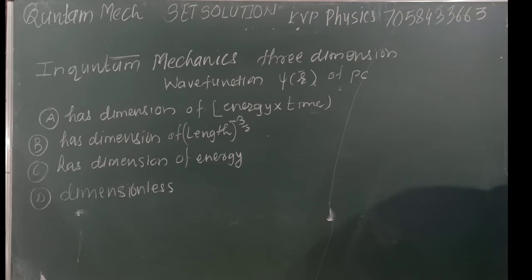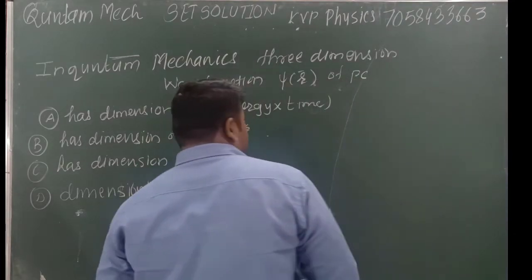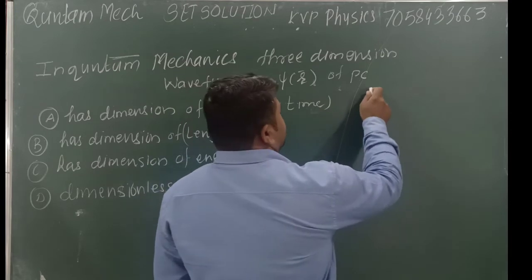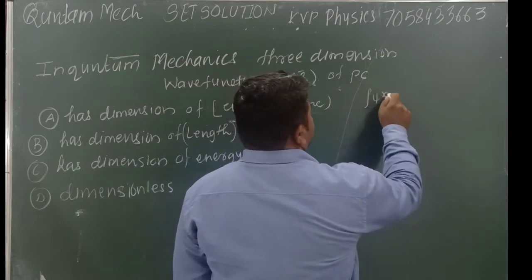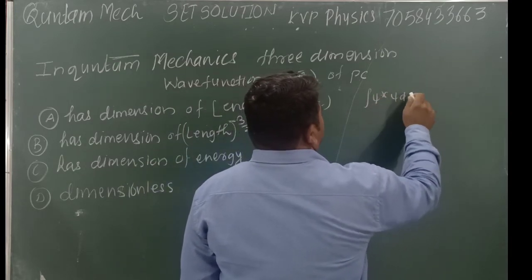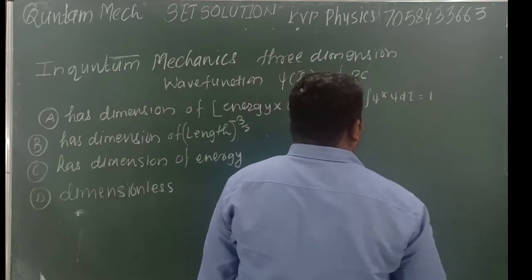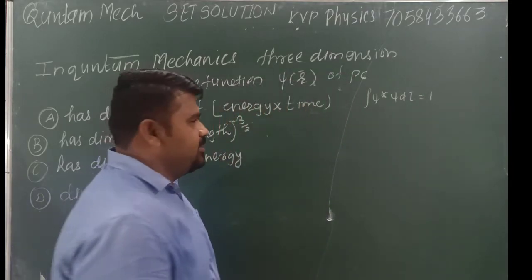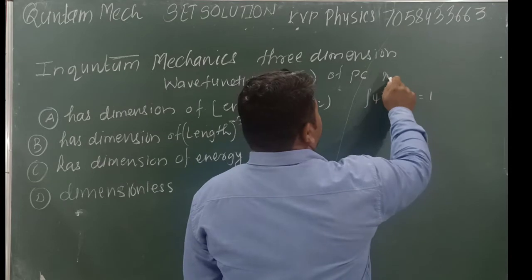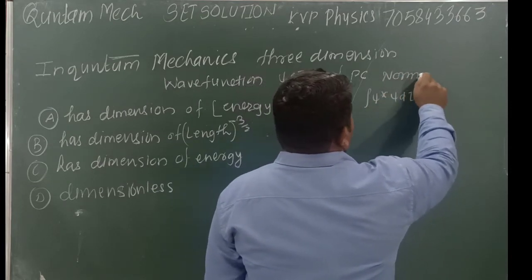We know the normalization condition: integration of psi star psi d tau is equal to how much? 1. This is the normalization condition, yes or no?